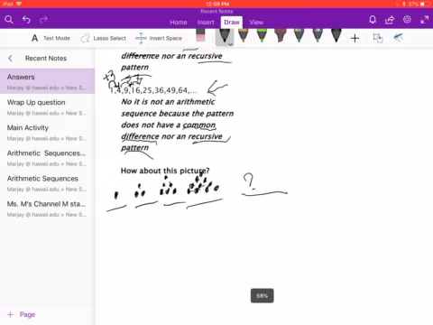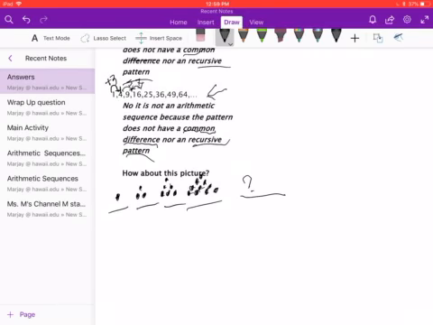So from the first term, we have just a single dot. And then to gain the next term, from having just a single dot, they added one dot and also one dot on the top.